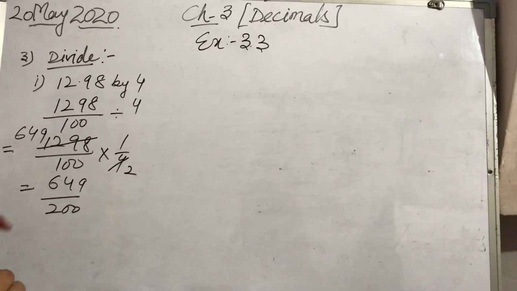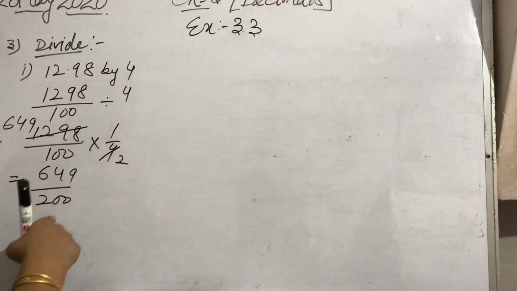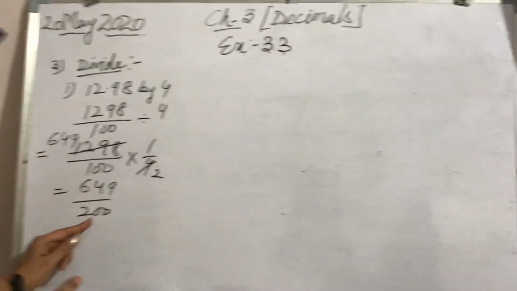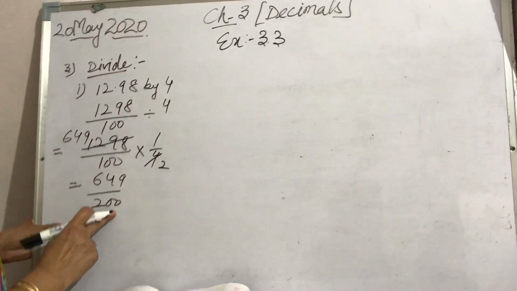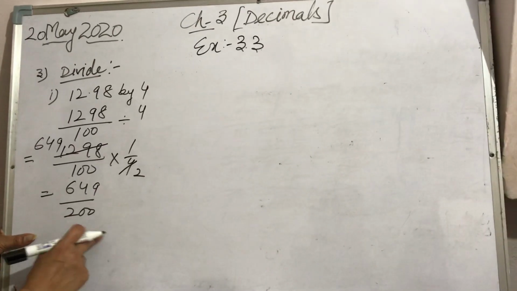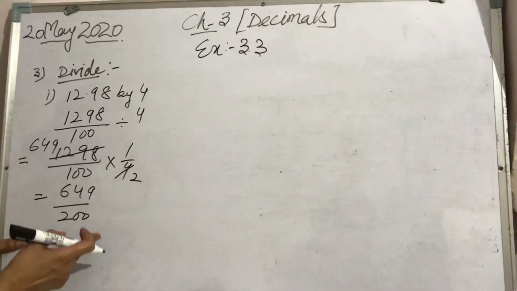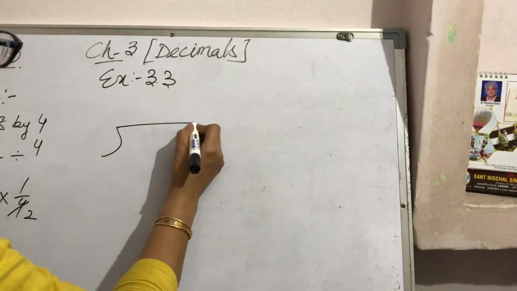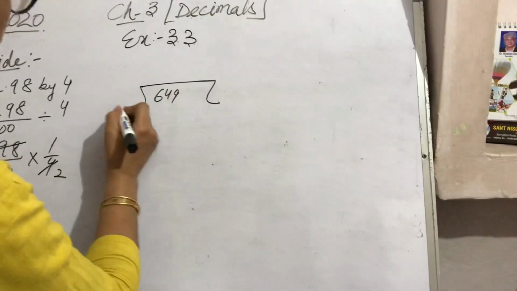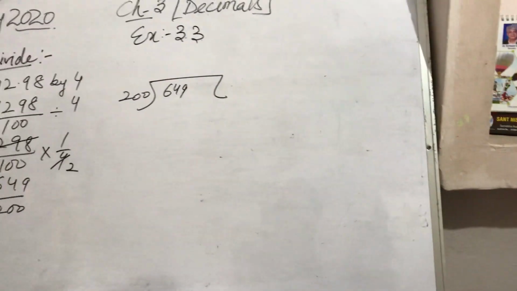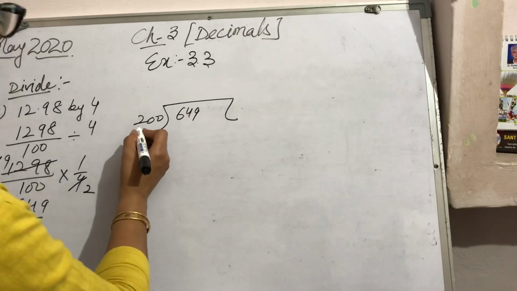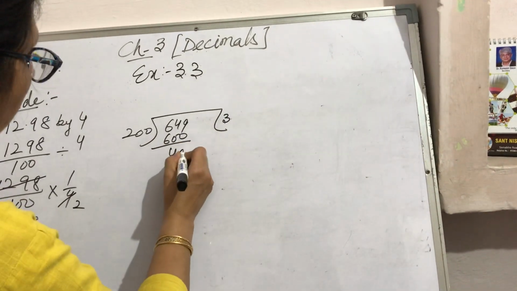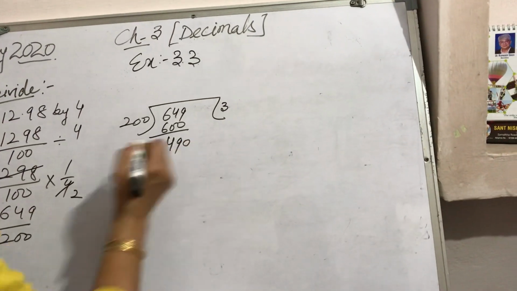Already I have told you when we have done problem sums, this conversion can be done in 2 ways. First, we can make the denominator 10, 100, 1000, 10,000 by multiplication of the denominator by any number. And second, we can do direct division, 649 divided by 200. 200 3s are 600, 649. Now we can use 0.